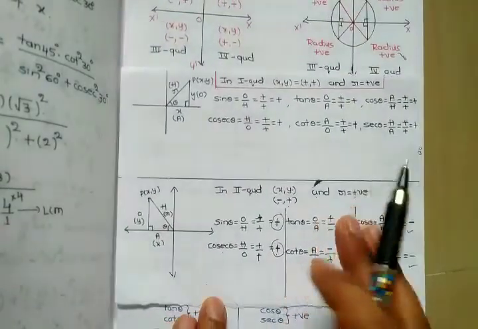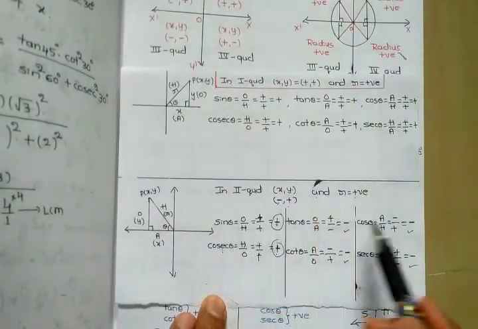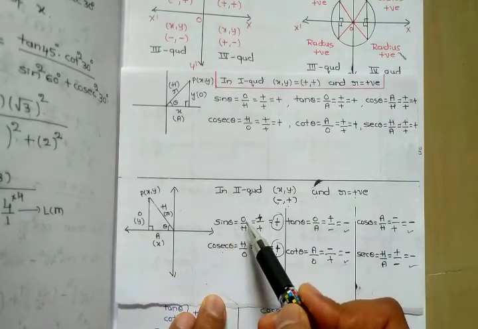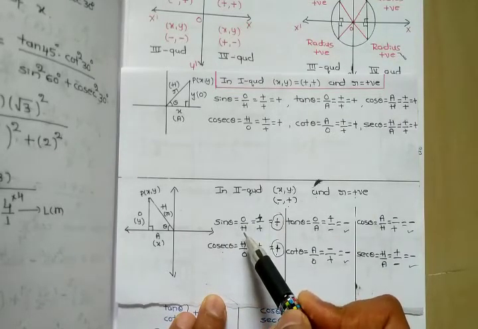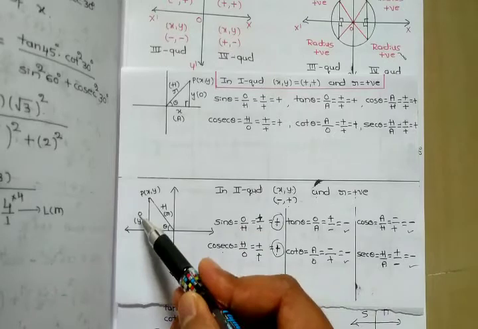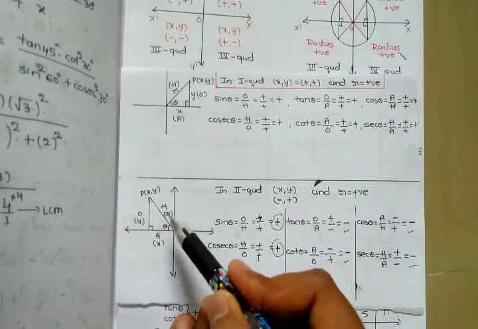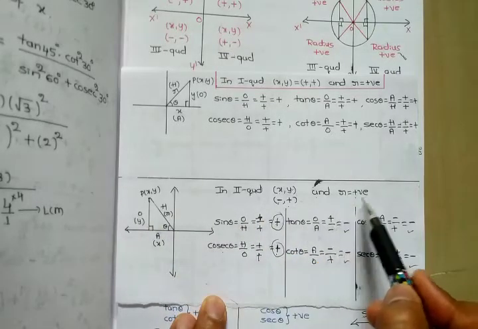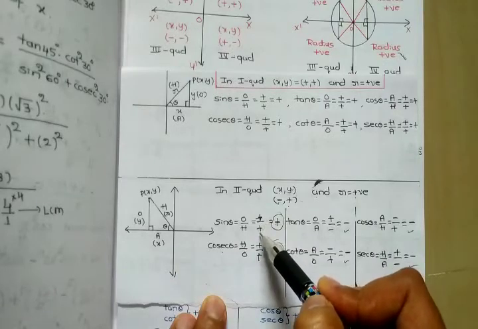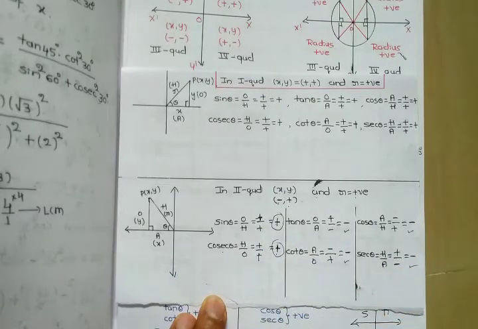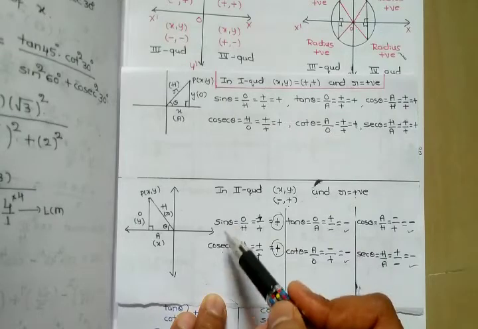So here if I define the 6 trigonometric ratios, sin theta is opposite divided by hypotenuse. Opposite means y is positive, hypotenuse means r is also positive, so plus divided by plus is a plus answer. Similarly, the reverse of sin will be what?